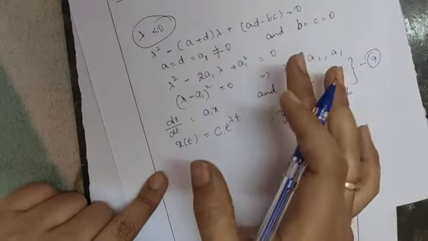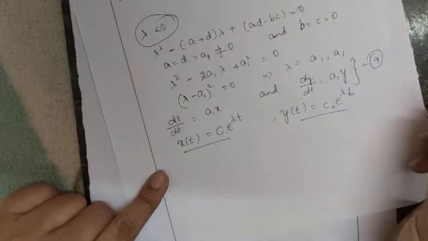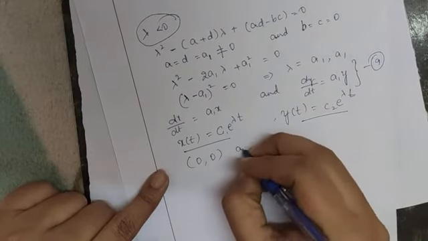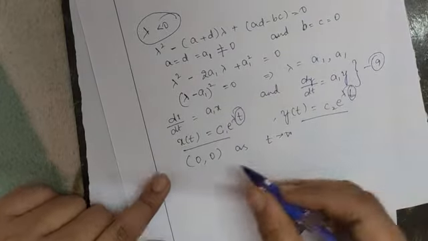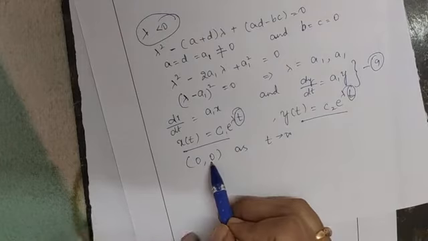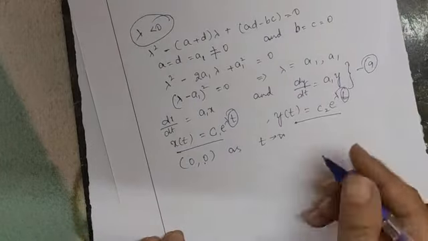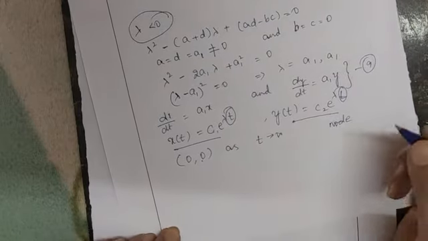So if lambda is less than 0, each path approaches and enters 0, 0 as t tends to infinity, right? As t tends to infinity, both x of t and y of t approach the origin. That means your critical point is a node and asymptotically stable.